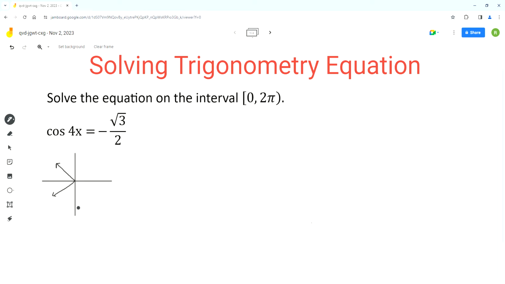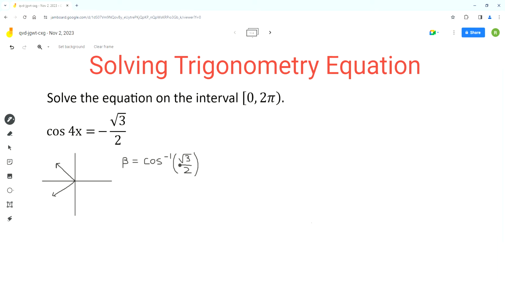Now the next step is to find the reference angle for this principal angle in quadrants 2 and 3. For that, we do the inverse of cos. The symbol for the reference angle or the related acute angle is beta. So we do beta equals inverse of cos of square root of 3 over 2.